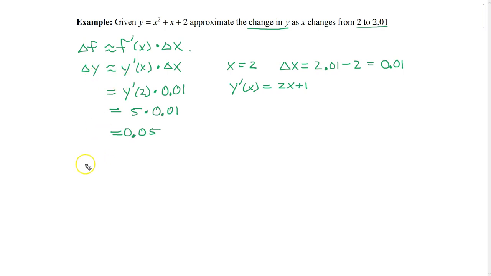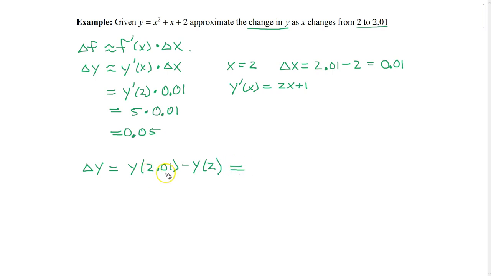Now, we can calculate the exact change of y in this case. Let's note that the exact change in y is going to be, so we're just evaluating y of 2.01 minus y of 2. This will give us the exact change in y as x goes from 2 to 2.01.